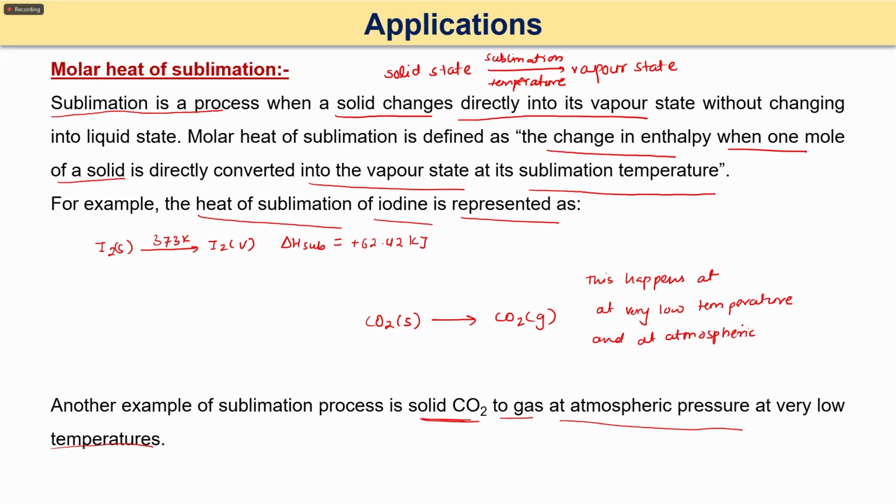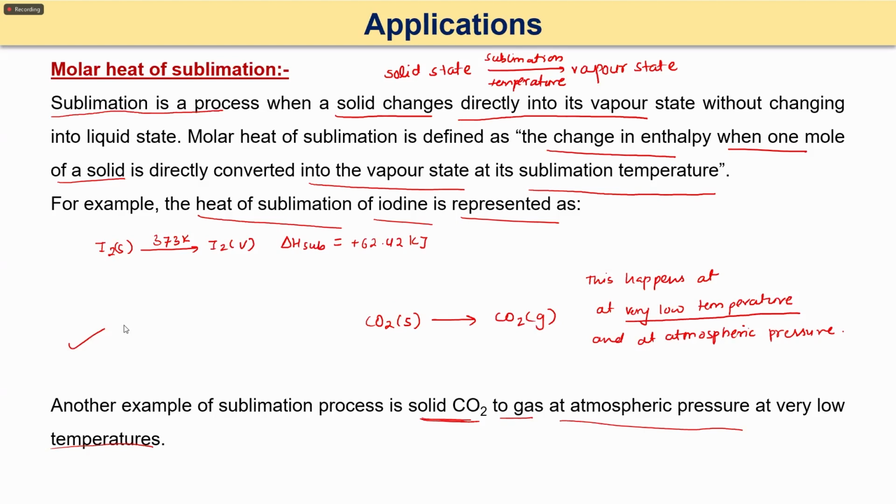So this is important: it happens at very low temperature. Carbon dioxide solid to carbon dioxide gas. So this was another example. So molar heat of sublimation is what you have studied in this slide.